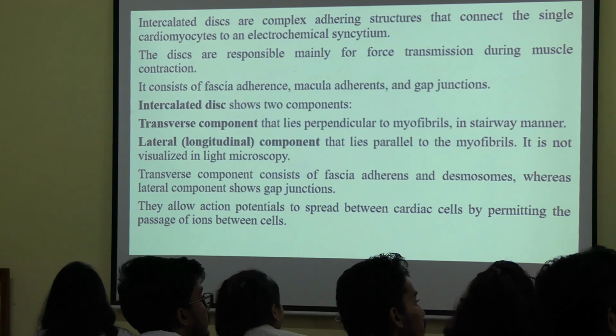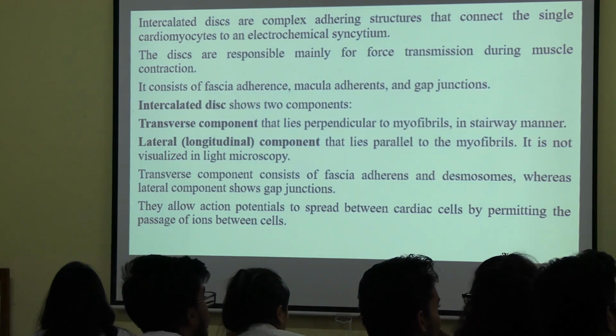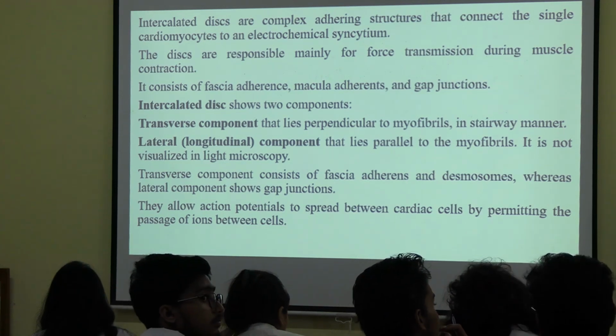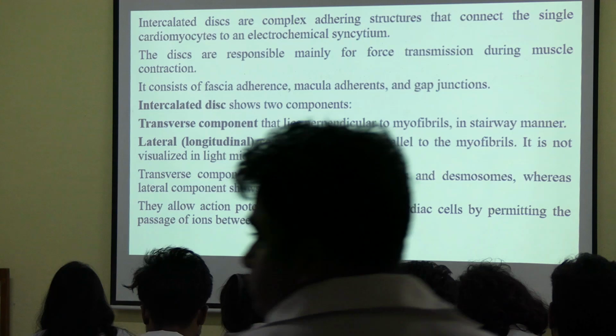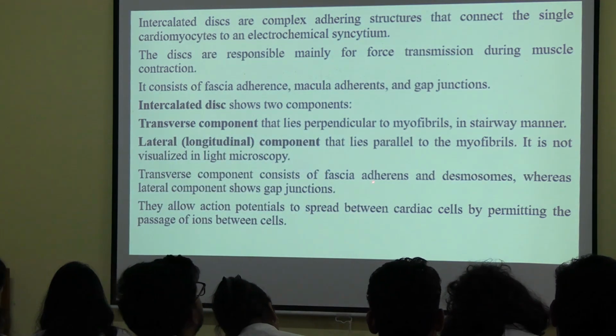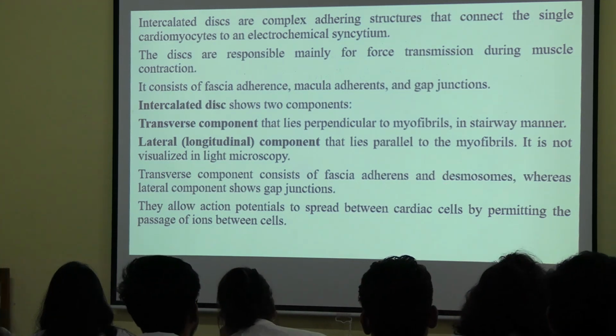The transverse component is arranged in the form of a staircase. The transverse component is made up of fascia adherens and desmosomes, whereas the lateral component shows the gap junctions.